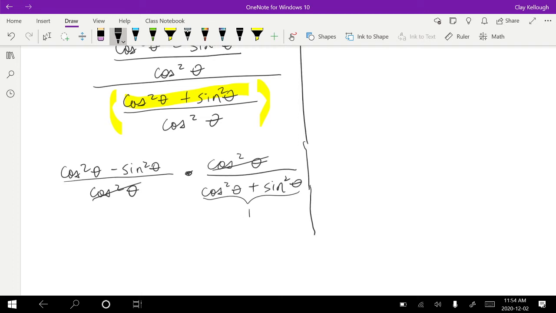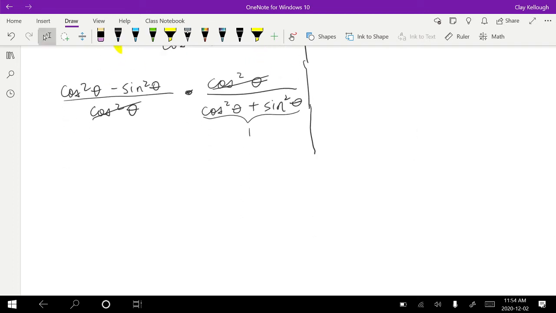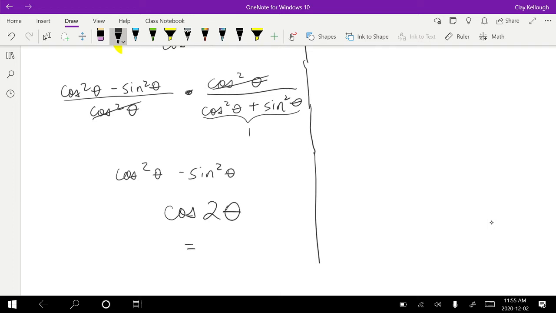So on my next line, I have cos squared theta minus sine squared theta over 1. I'm not going to bother writing over 1, which is equal to, check your formula sheet, cos 2 theta, which equals the right-hand side. Could I have done this from the other side and expanded this cos 2 theta on the other side? Probably. But that was the method that came to me when I looked at it.